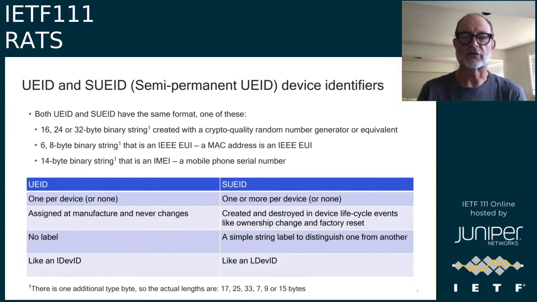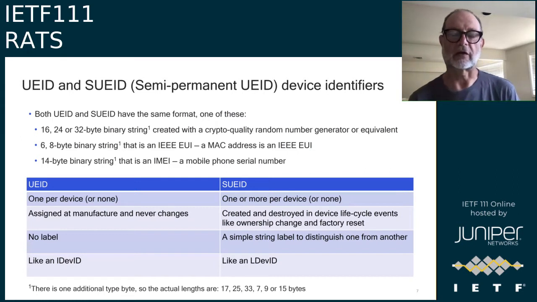Based on some comments from Geary, I think a meeting or two ago, and some other things, I realized that just having UEID by itself was probably not enough. There is the need to have identifiers that change on life cycle events, such as a change of ownership or factory reset, maybe to address other privacy issues and stuff like that.